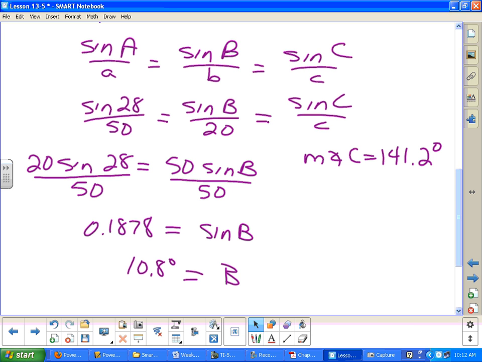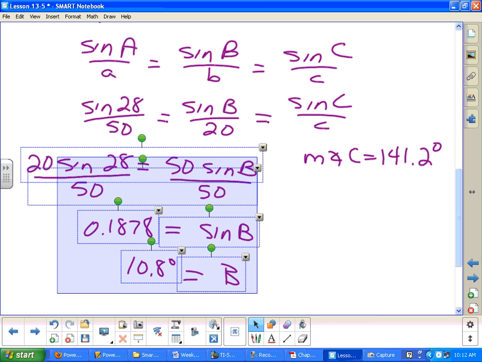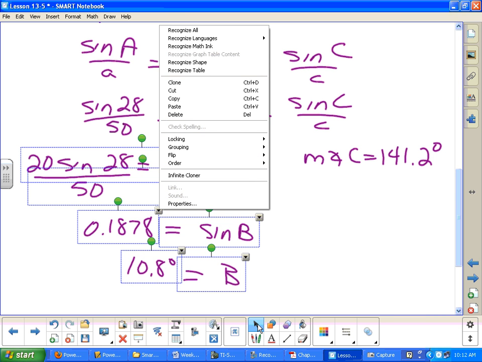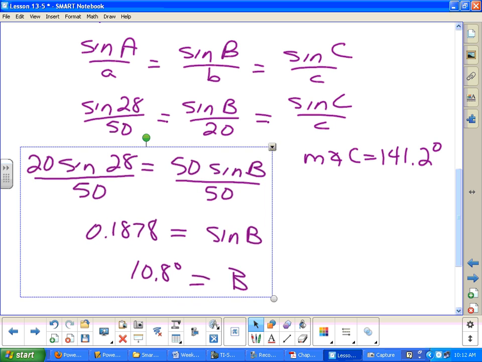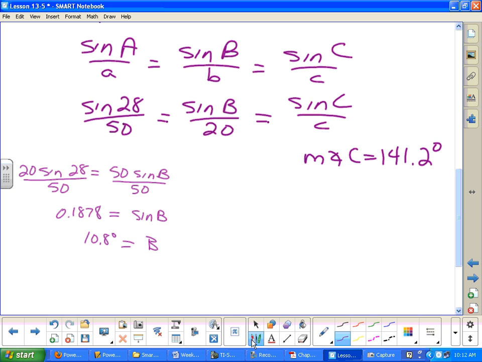So now I can use that sine of 28 over 50 equals the sine of 141.2 over side C.